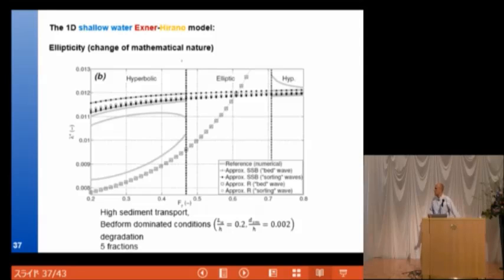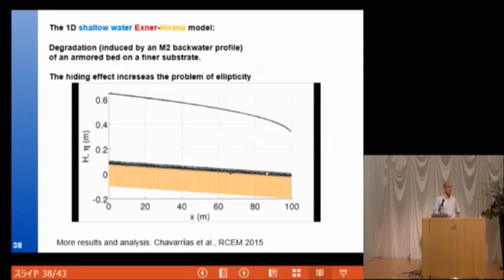Which are the consequences of that? We ran this simulation here. We have an M2 backwater profile, and a coarse bed which degrades into a finer one. You can start to see such behavior.